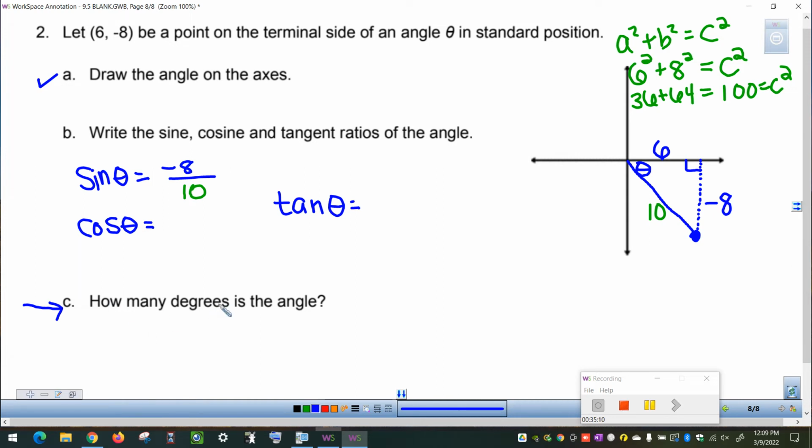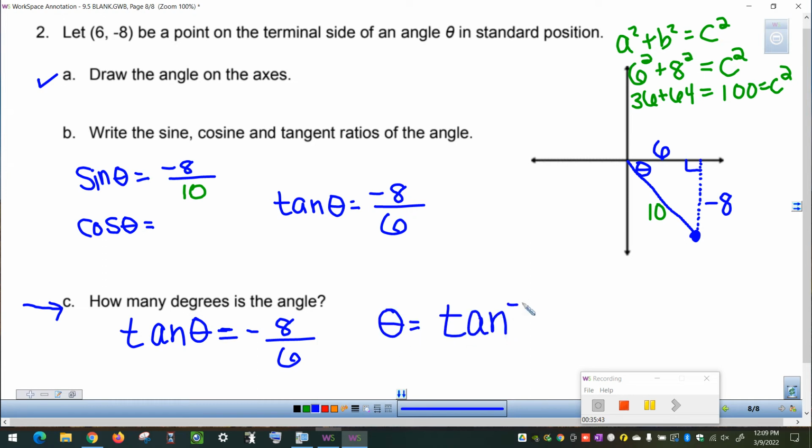You could do this with really sine, cosine, or tan, depending on what two sides you want to use. But I'm going to go ahead and try this with tan. And this is actually going to connect to our answer that we got up here. So the tan we know is the opposite side over the adjacent side. And those were the two values that they gave us in the points.